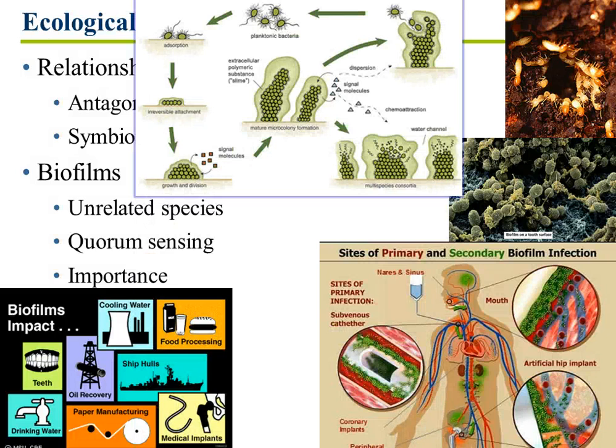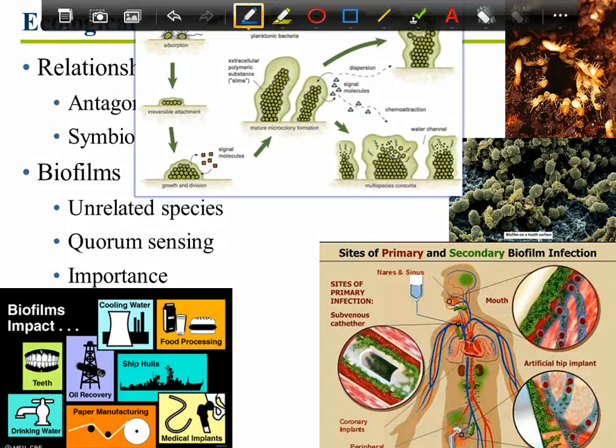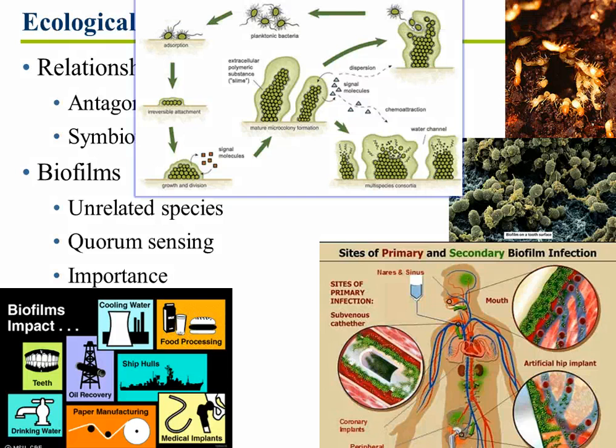Here's a look at how biofilms occur. Here's the beginning of a couple of organisms that attach, the release of chemicals that draws other organisms to the area. Sometimes bunches of organisms will break away and go off to get involved somewhere else on another area.